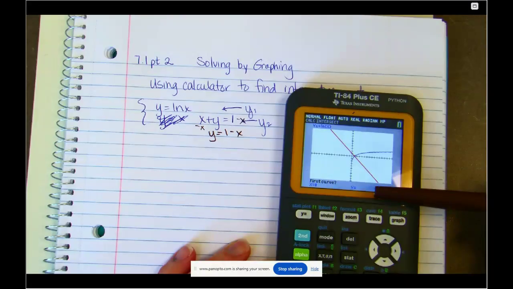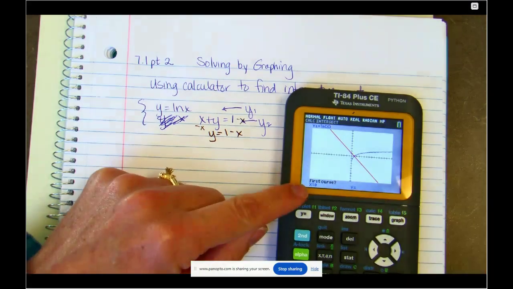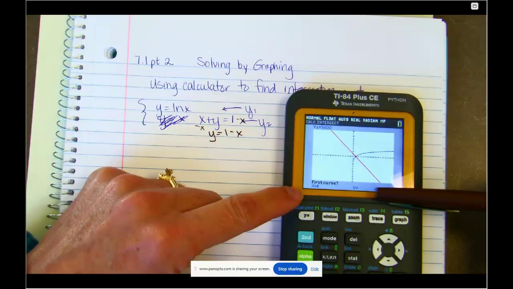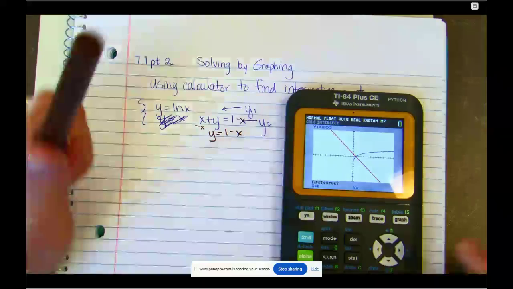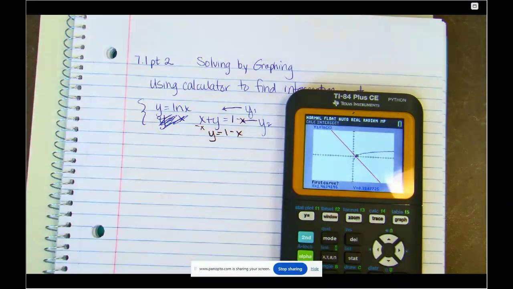First of all, it says first curve. It's trying to grab onto that natural log at x equals 0. Yours might not be in the same place. There's no y value there. You have to get yourself so that you're actually on the graph. If that blinky is not on the graph, it has to be on the graph, otherwise it won't work.